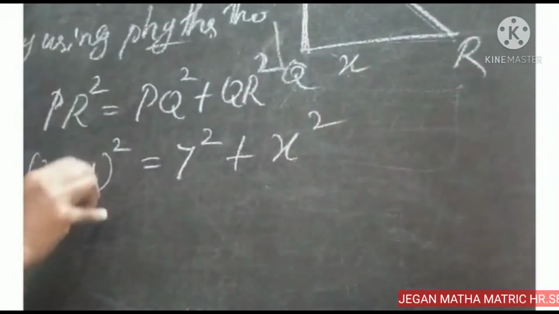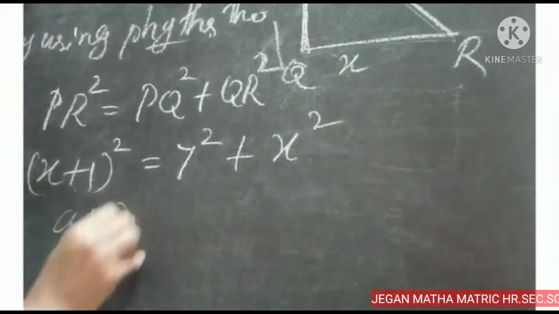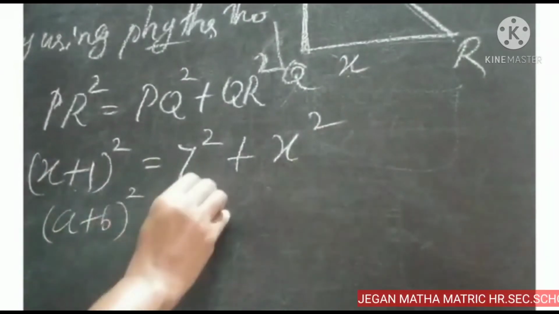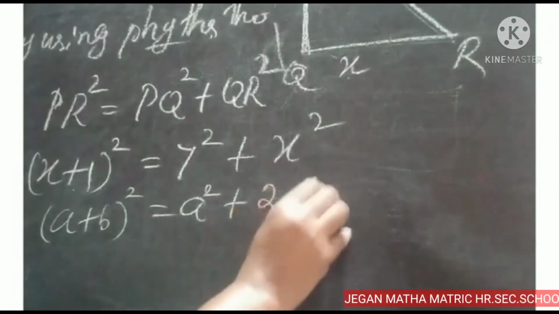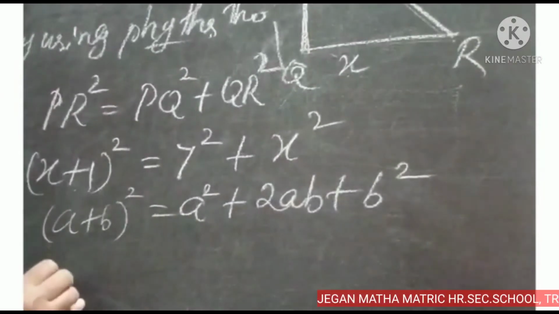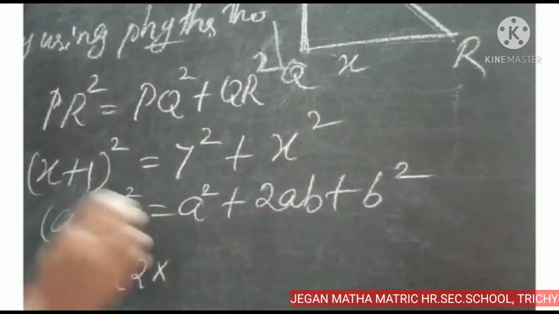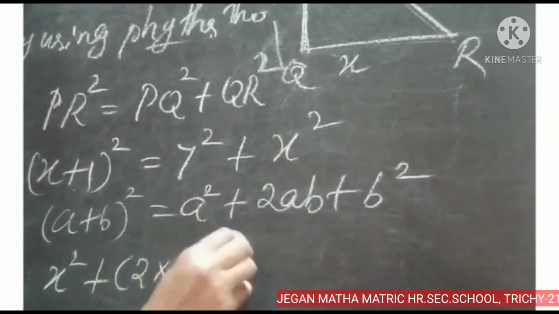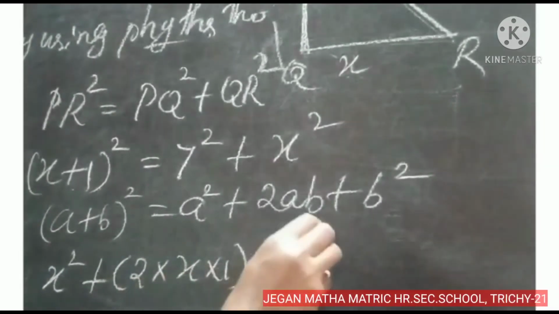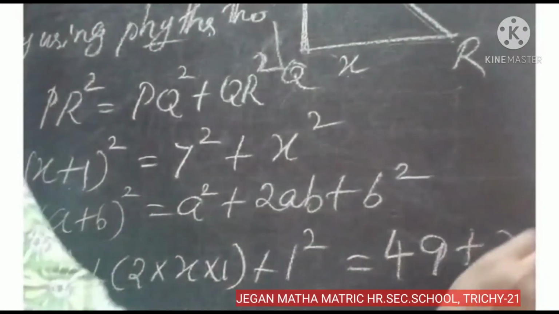Now for x plus 1 the whole square, you can apply the formula (a plus b) whole square equals a square plus 2ab plus b square. So that is x square plus 2 into x into 1 plus 1 square, equal to 7 square, that is 49, plus x square.